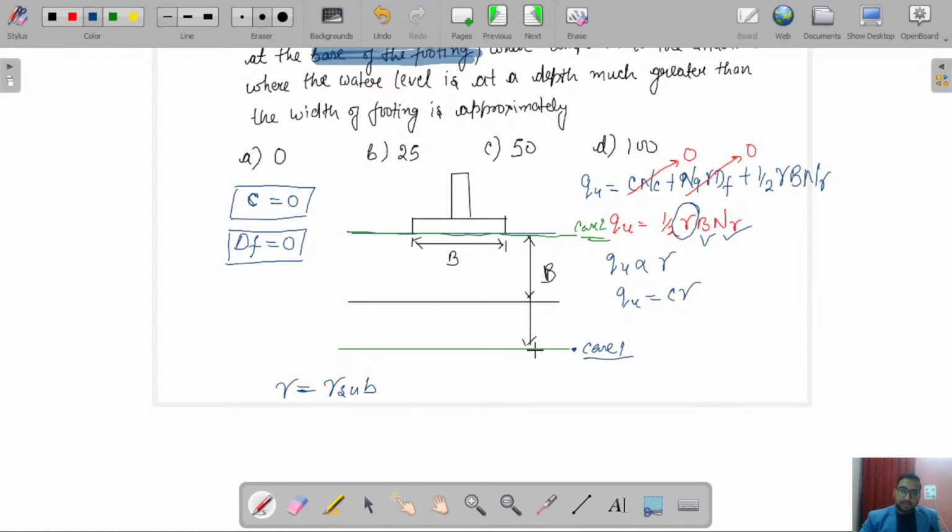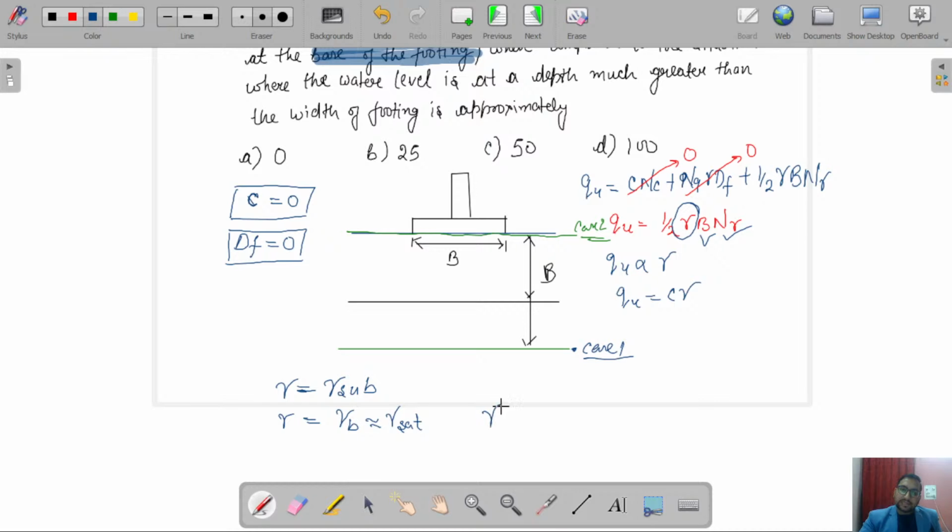If the water level is at this level, case 1, gamma will be our gamma bulk. As we need to give an answer, I can assume this gamma bulk, this bulk condition is a saturated condition, gamma saturated.